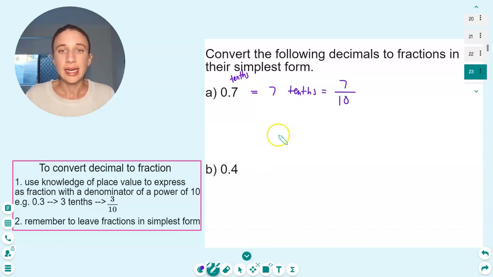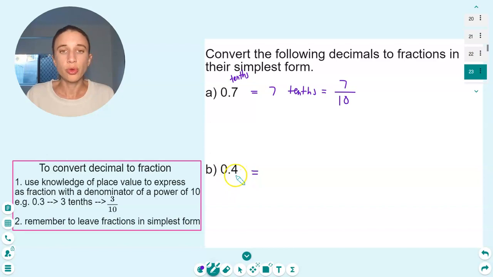Then we ask ourselves, is it in simplest form? Do the numerator and denominator have any common factors? No common factors, so we're done. Maybe you want to try out the next question. Pause the video and let's get going.